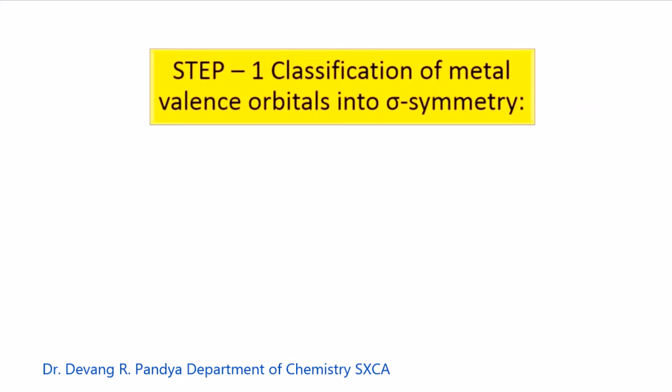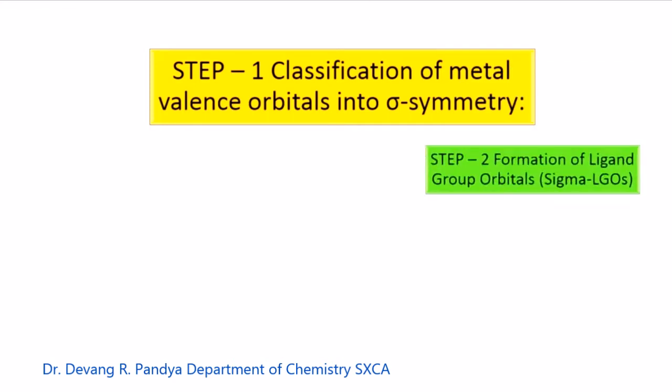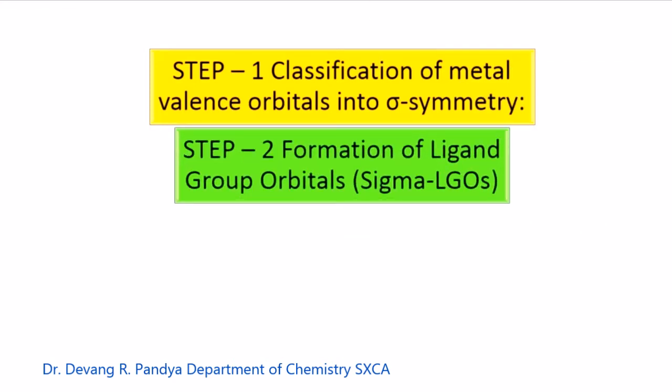Step 1, which I have already briefed, is the classification of metal valence orbitals into sigma symmetry. That means we assign symmetry symbols, especially sigma symmetry labels, to the valence orbitals of the central metal ion. Step 2 includes formation of ligand group orbitals, LGO, and because we discuss only sigma donation interaction, these are sigma LGOs.